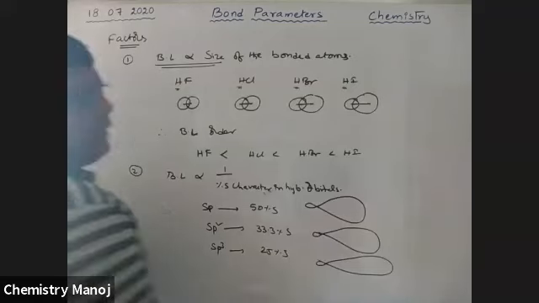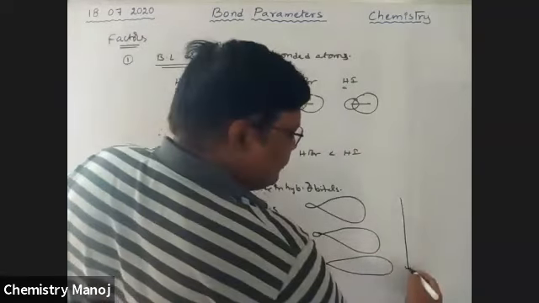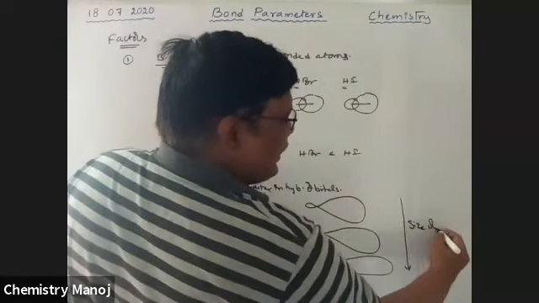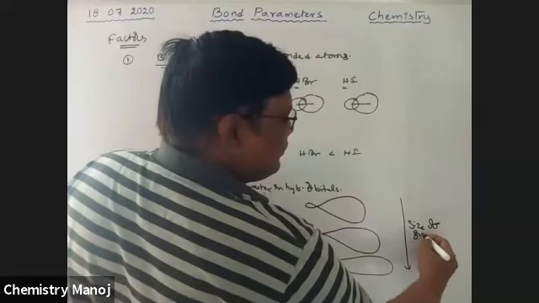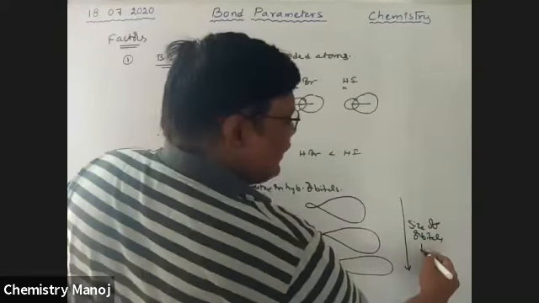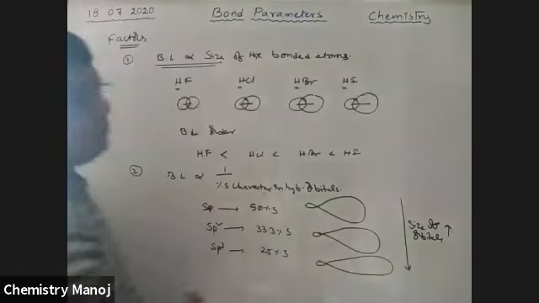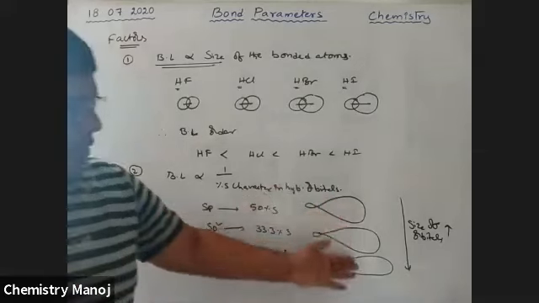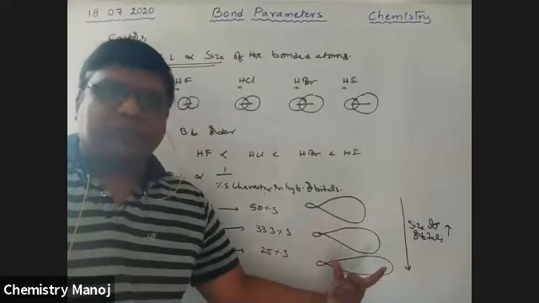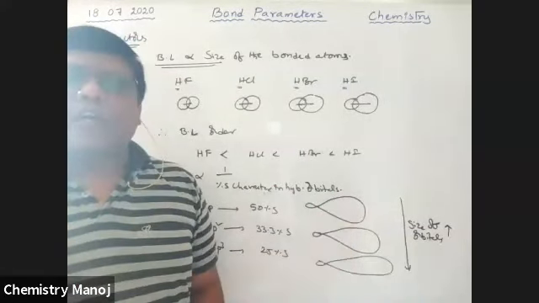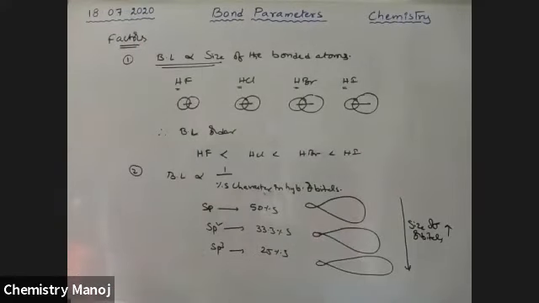So, from top to bottom, the size of orbitals decreases. Sorry, the size of orbitals increases. That means the distance and length of these orbitals increases, and as the size increases, their bond length also increases.